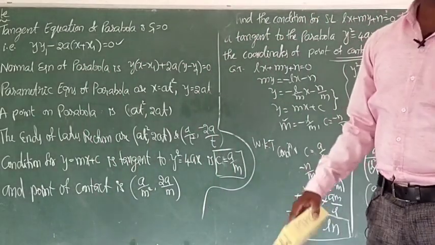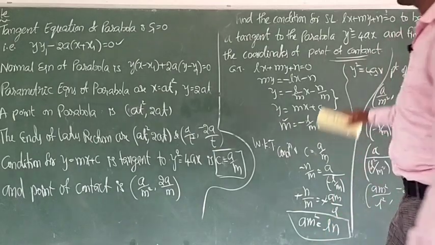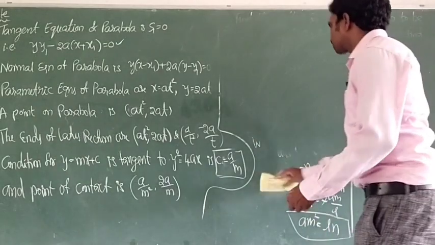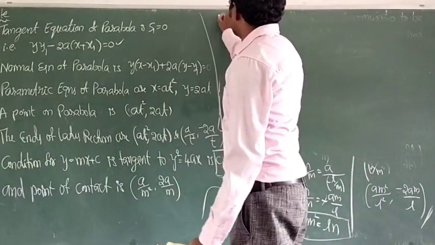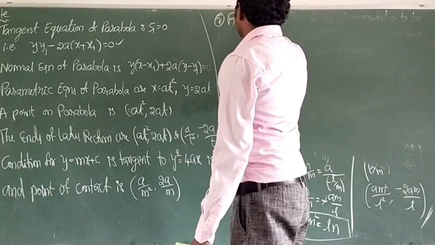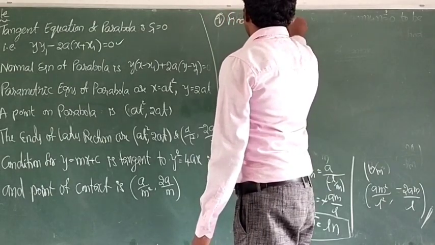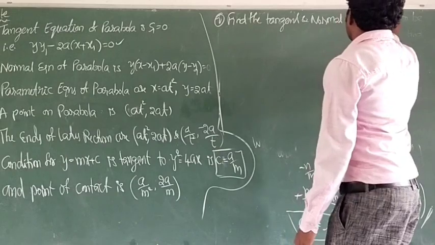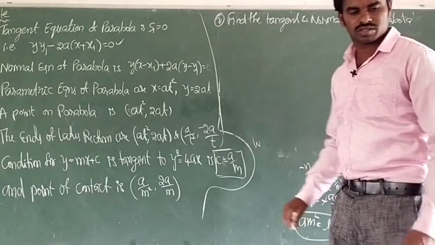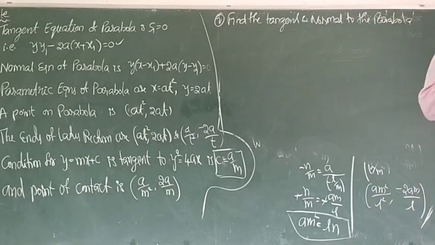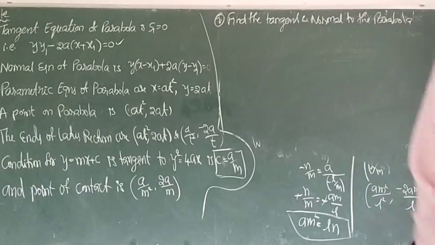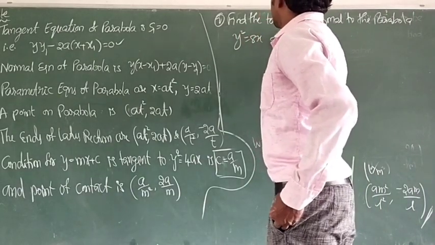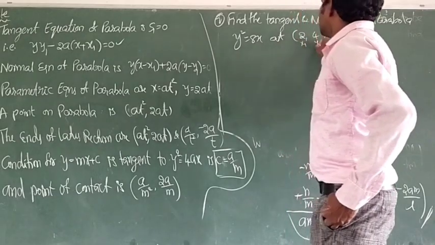Last one, ninth one: find the tangent and normal to the parabola y square equal to 8x at 2 comma 4. So here the point is given, 2 comma 4.